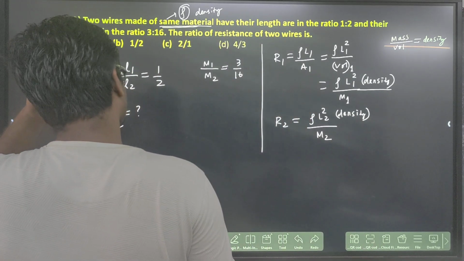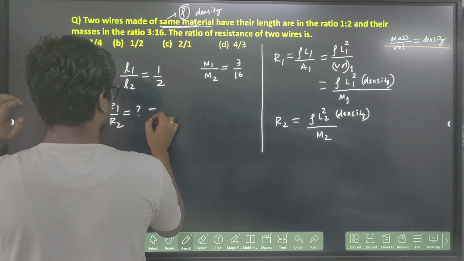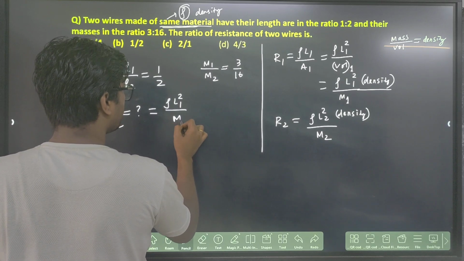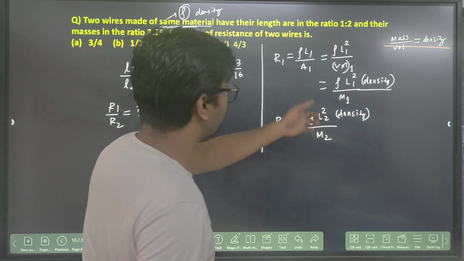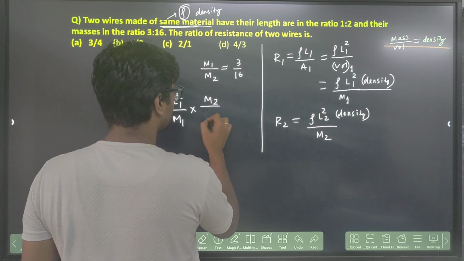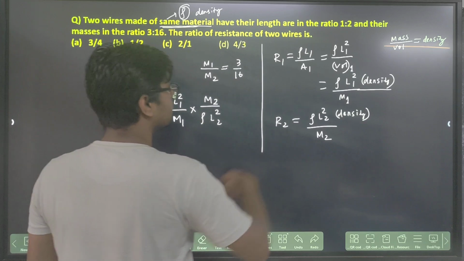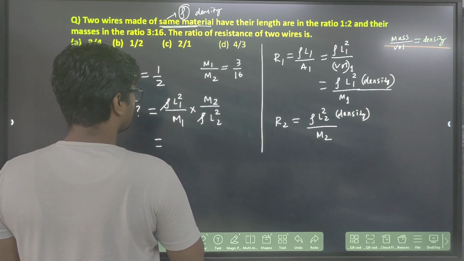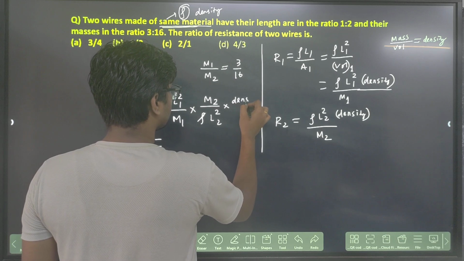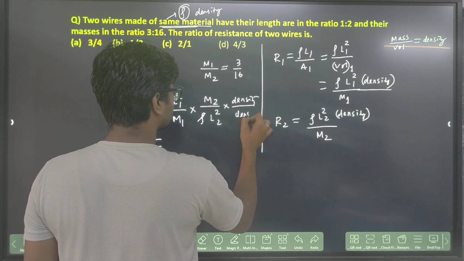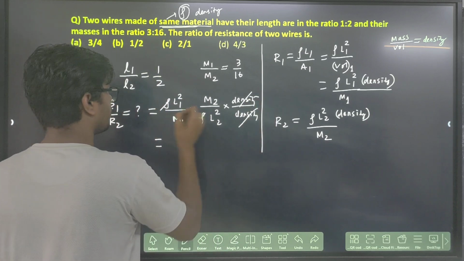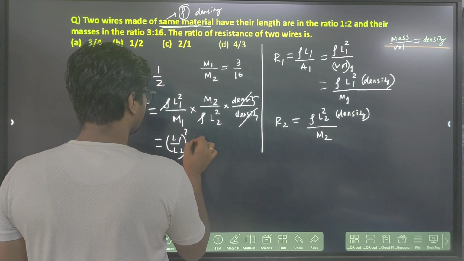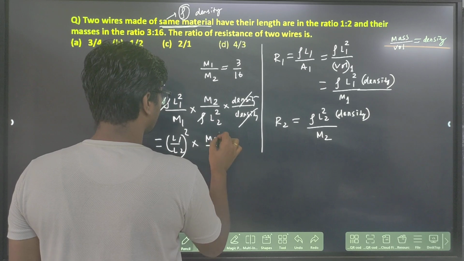Now R1 by R2 is equal to rho L1 square divided by M1, into M2 divided by rho L2 square, and the density cancels out. So this becomes L1 by L2 whole square into M2 by M1.